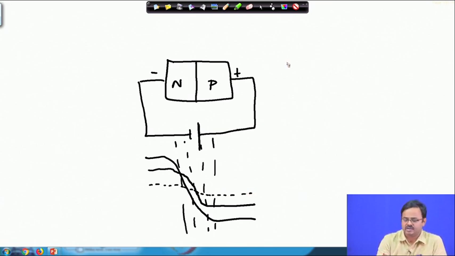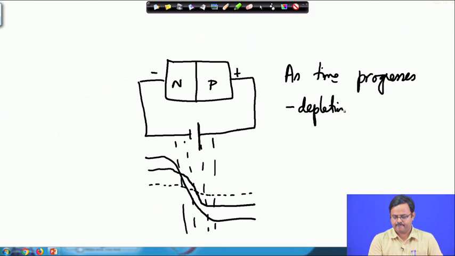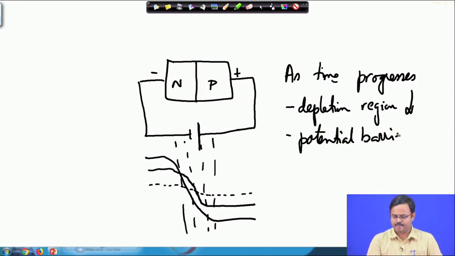What I am saying is, as time progresses, and when I say time, I am talking about very small time steps, the depletion region goes down, and the potential barrier also goes down.